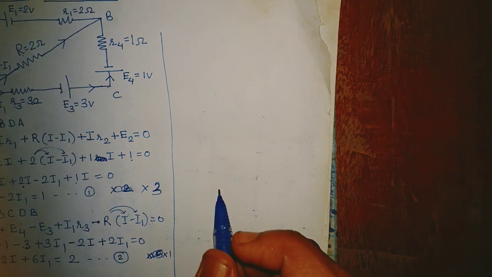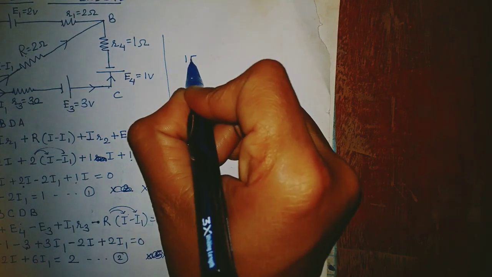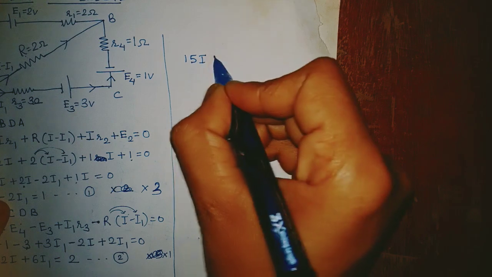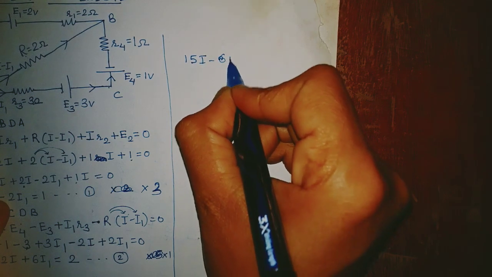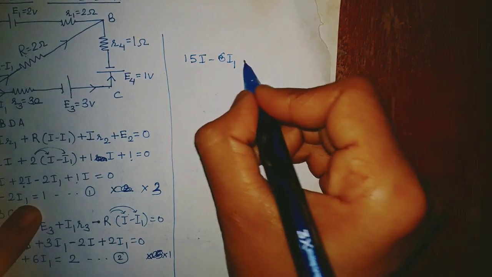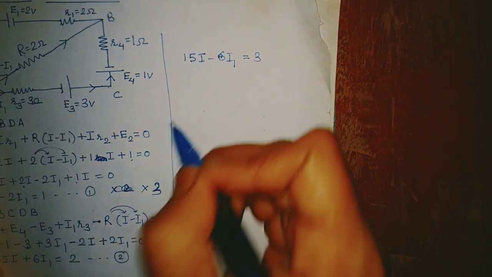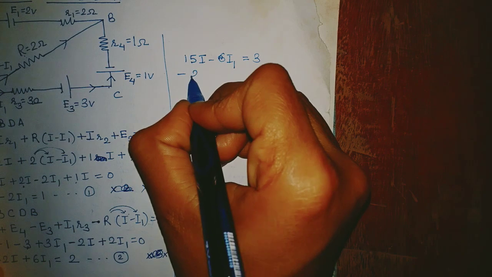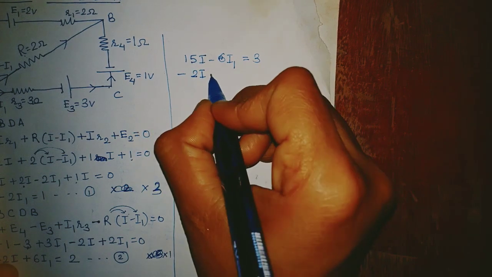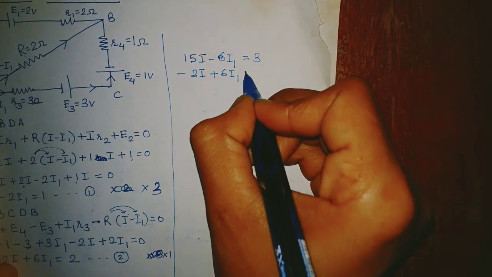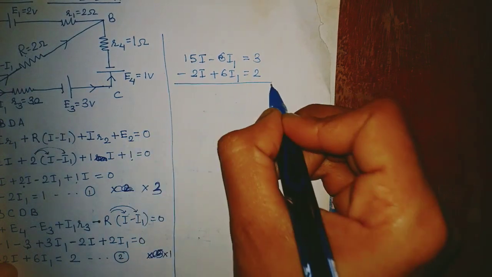So 5 3s are 15I minus 6I1 equal to 3. The second equation is minus 2I plus 6I1 equal to 2.